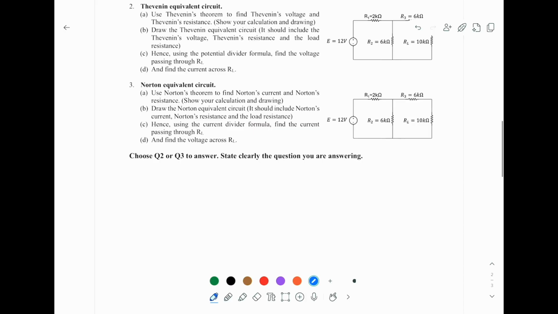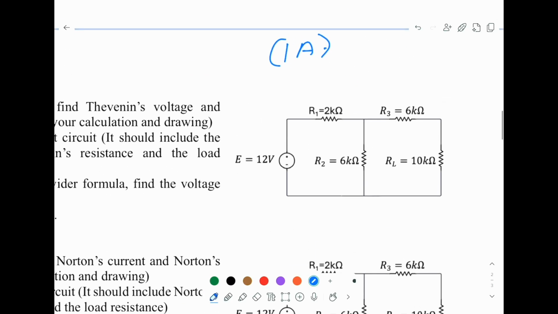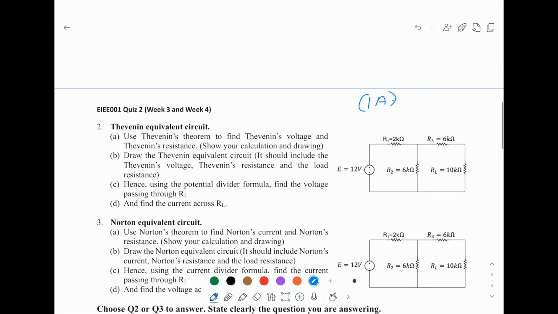Number 2, use method 2. The first thing is to use Thevenin theory to find the Thevenin voltage and the Thevenin resistance. So you must remember the procedure, how to do it. Let's redraw the diagram.